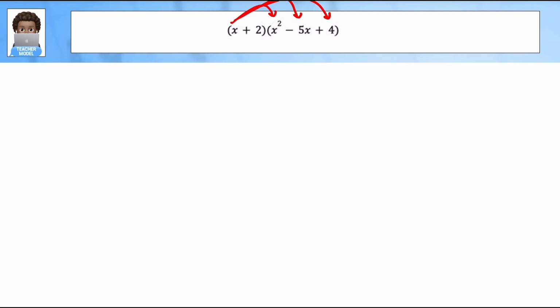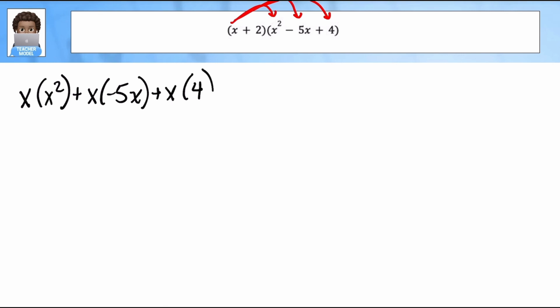So let's show you that. And I'm going to space it out so again you can see what's happening. So I'm doing x times x squared plus x times negative 5x plus x times 4. And again, I'm doing this just so you can see each of these steps.